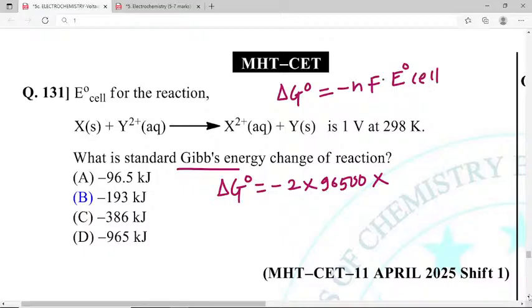What is the n value? 2, multiplied by 96500 coulombs, multiplied by E naught cell 1, and this whole divided by 1000 will give the answer in kilojoule. So minus 193 kilojoule.